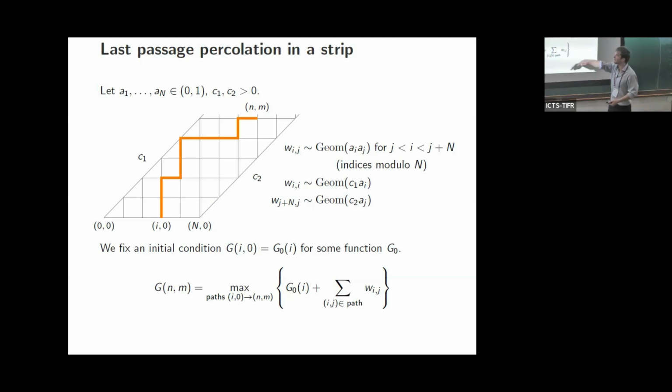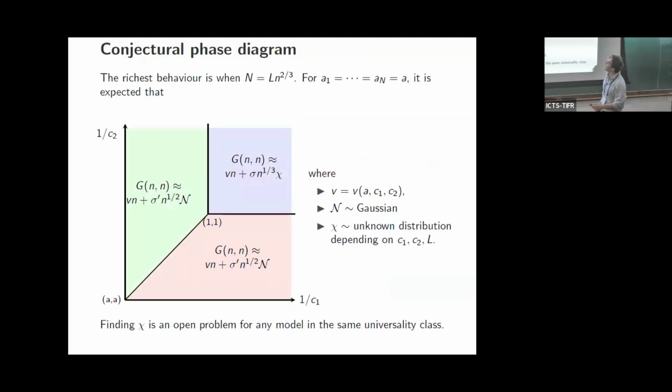And then, knowing this and knowing the weights above, I construct my last passage time GNM as the maximum over all possible starting points I and all paths from I0 to NM, and I add the initial value and the sum of the weights along the path. So that's the model.